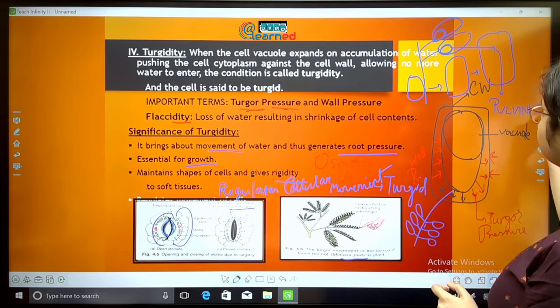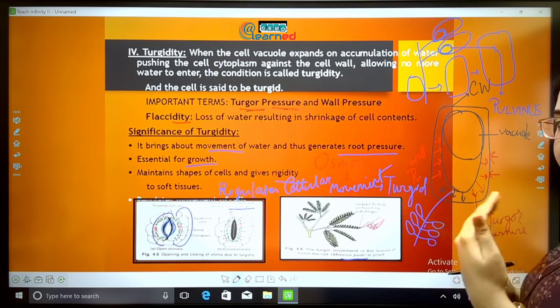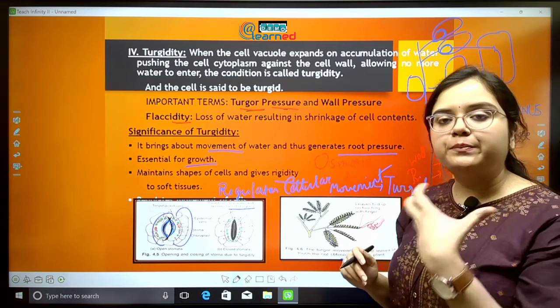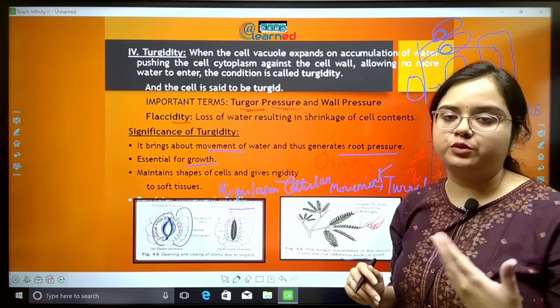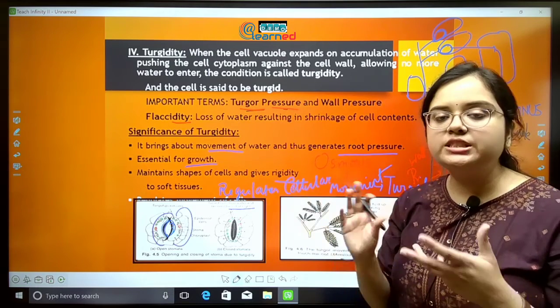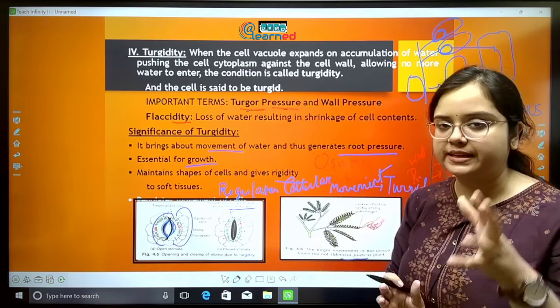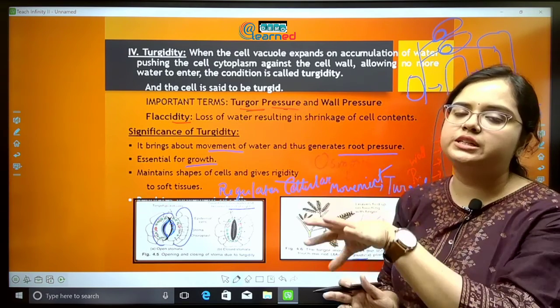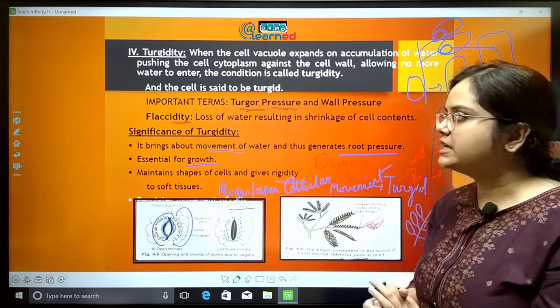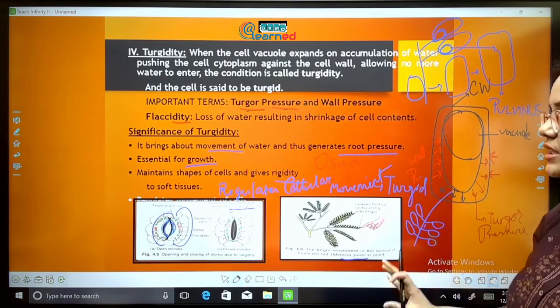This pulvinus is actually guiding the intake of water and the losing of water. So turgidity and flaccidity is happening through the pulvinus of the touch-me-not flower, which is at the base; the swollen base of the leaflets is known as pulvinus. So this is the process of turgidity. I hope it is clear.